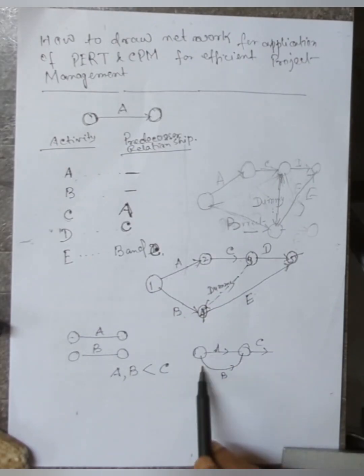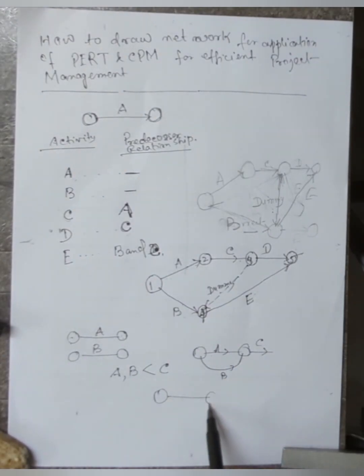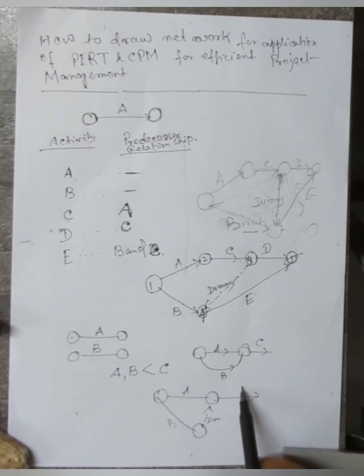That's why in this case, this is A and this is B, and this is to be attached by a dummy. This is called a dummy, and then you draw C. In this way, with the help of a dummy, you can draw simultaneous starting activities, because two activities cannot have the same head and tail nodes.